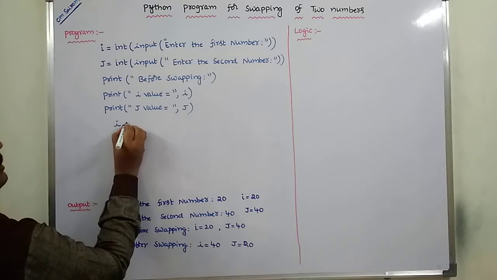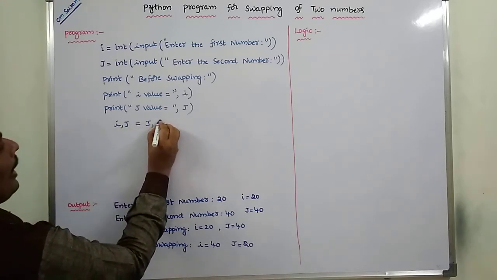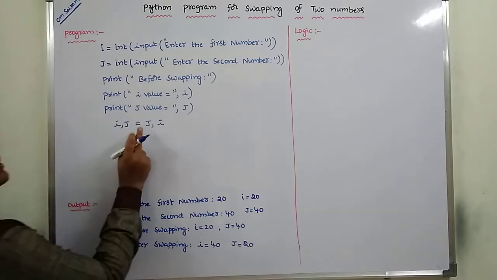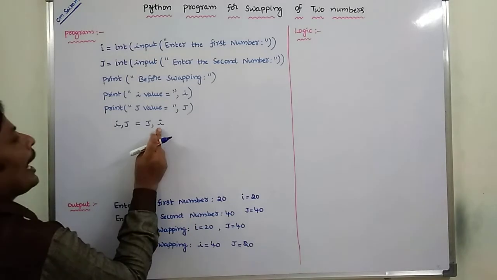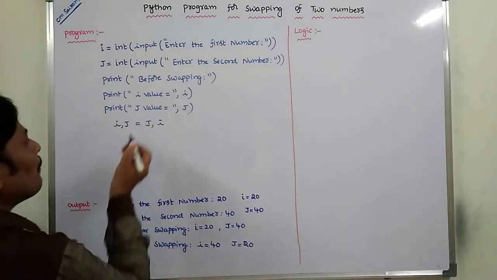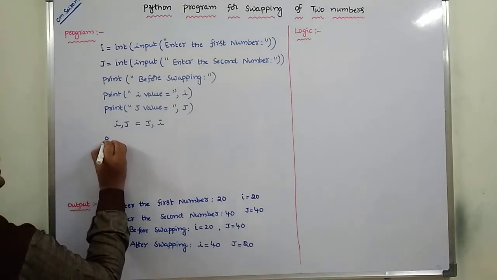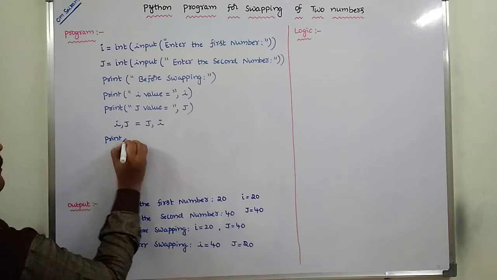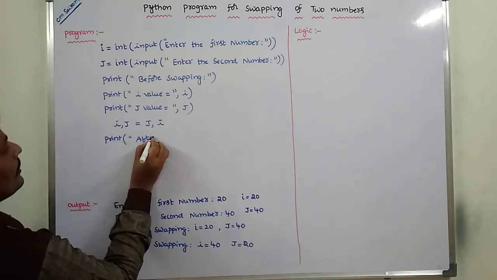Next, I comma J is equal to J comma I. That means J value is assigned to I and I value is assigned to J. Simply we are using the assignment statement. Next, print "after swapping".